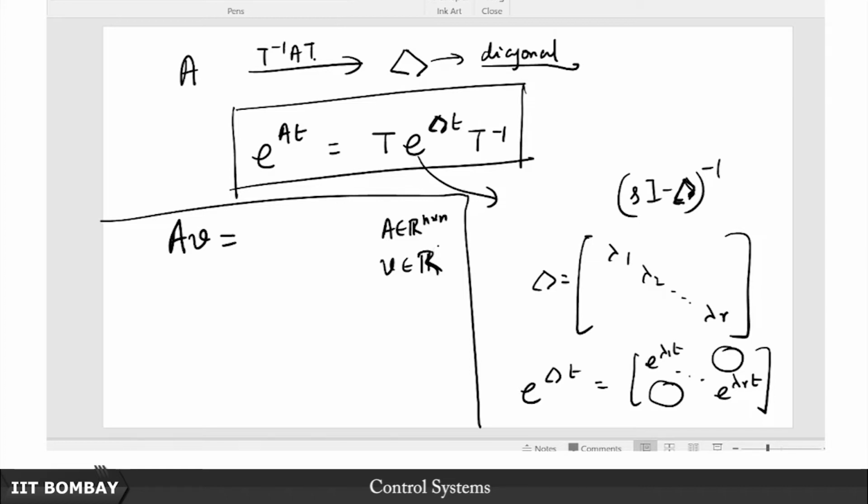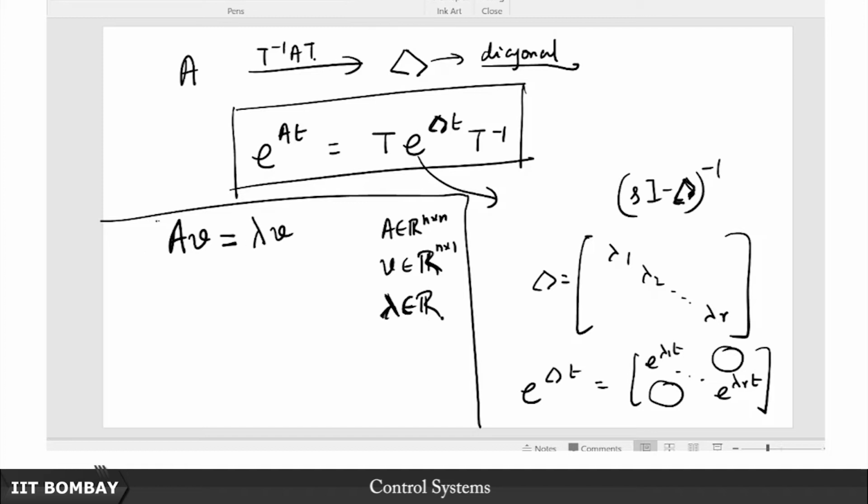This v is basically an n cross 1 vector, and you have a real lambda. Of course you can have complex eigenvalues, but we will not consider that case now, there are ways of handling that. We will withhold that discussion and only consider matrices that have all real eigenvalues.